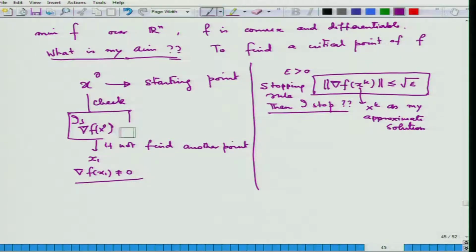If it is 0, fine, you stop; if not, you have to continue this process. But how long? You might not even find any x 1 which gives you 0. So that is why you take an epsilon greater than 0, very small, and make this a stopping rule. Now the question is, will I get a point x k which actually satisfies this?